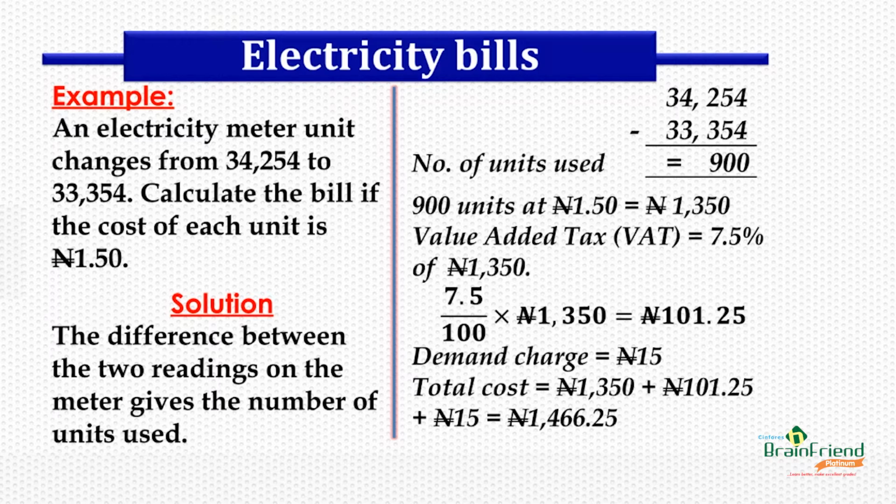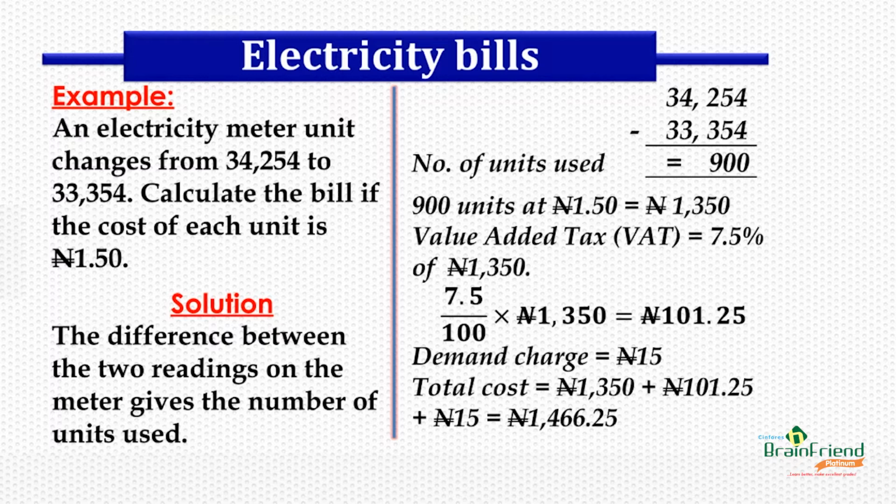An electricity meter unit changes from 34,254 to 33,354. Calculate the bill if the cost of each unit is 1.50 naira. First, we must find out what the difference is from the first reading and then the subsequent reading.